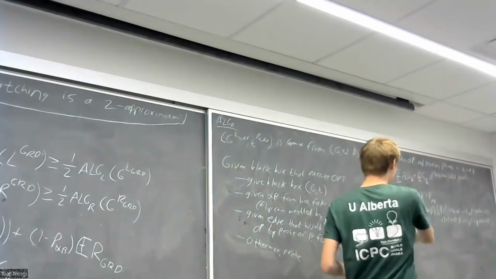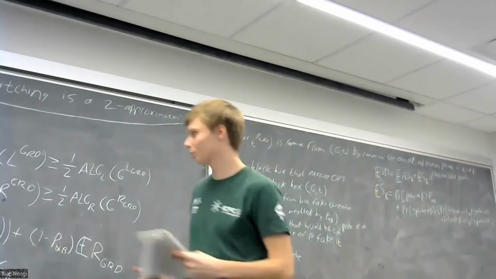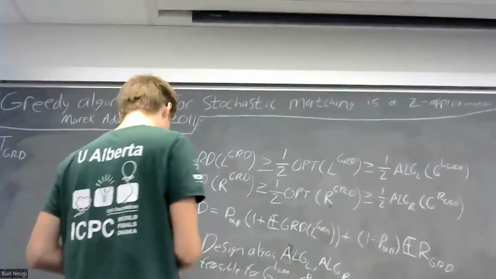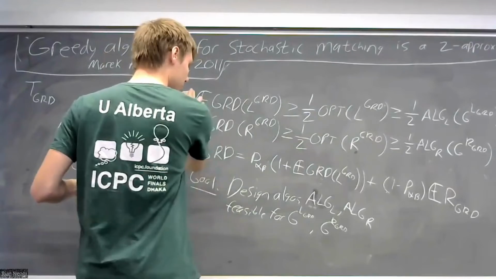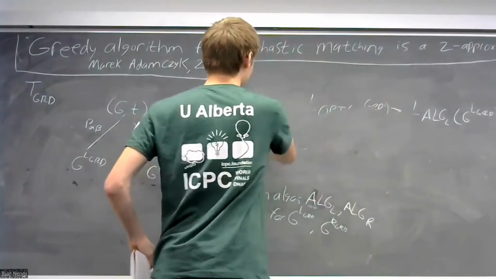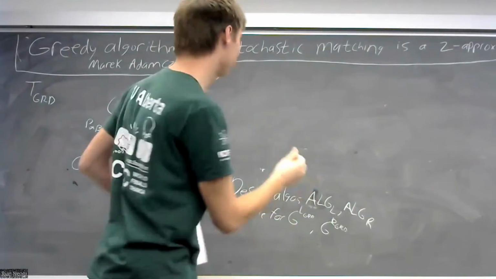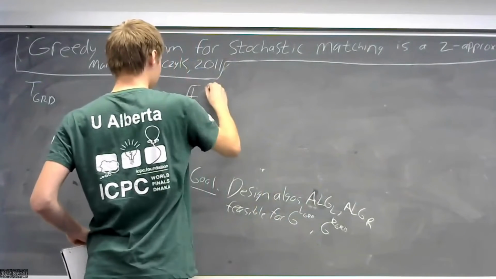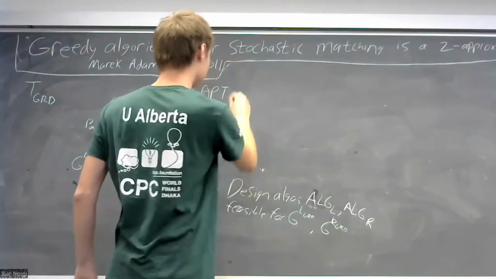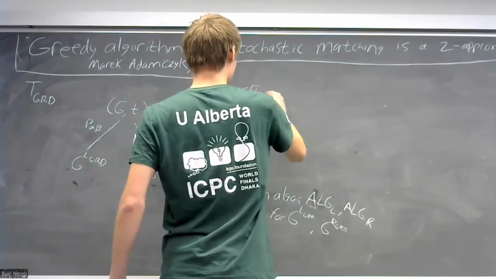So if we combine this and this, we get an expression with opt and alg, and we'll write this down over here. I'm going to erase this, but I want to keep it for later. So we have that the expected value of opt is less than or equal to the expected value of alg.